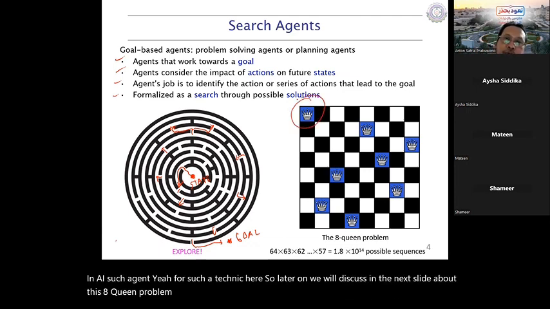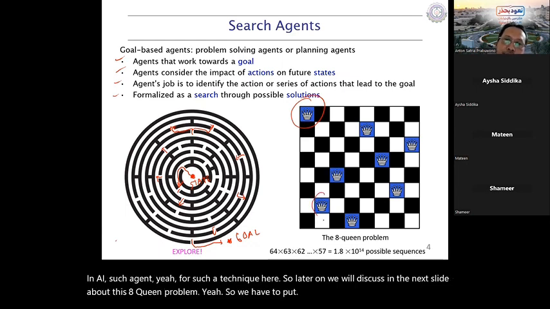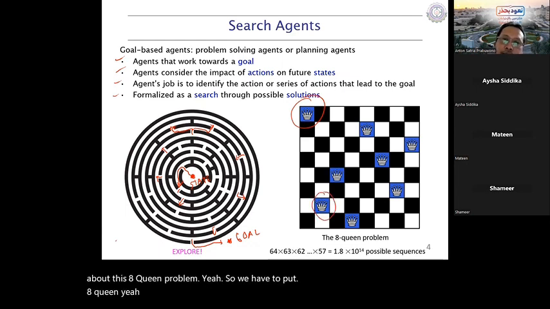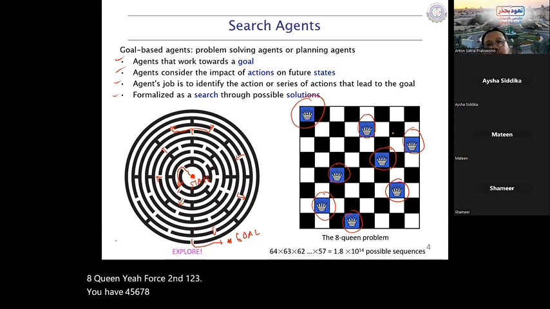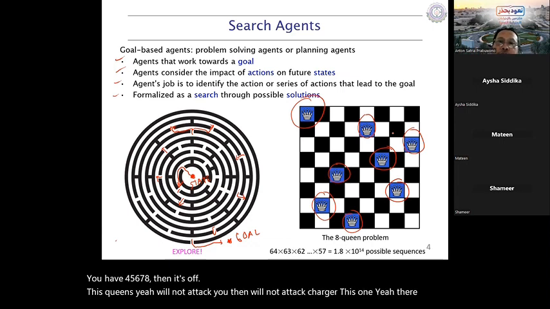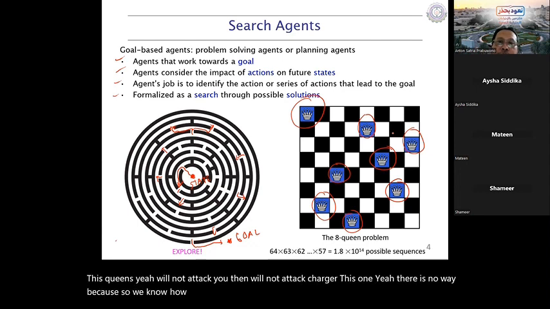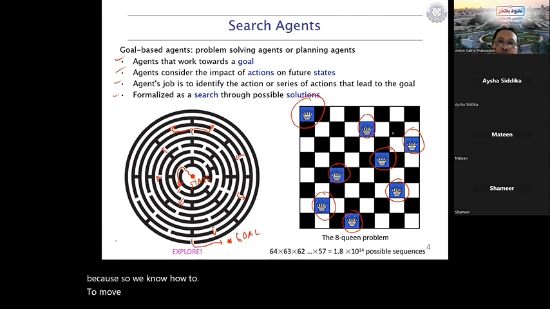So we have to put the 8 queens on the board, first, second, 1, 2, 3, 4, 5, 6, 7, 8. Then each of these queens must not attack each other. There is no way, because we know how to move the queen in this case.